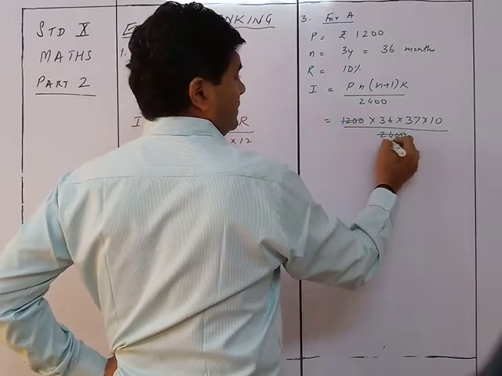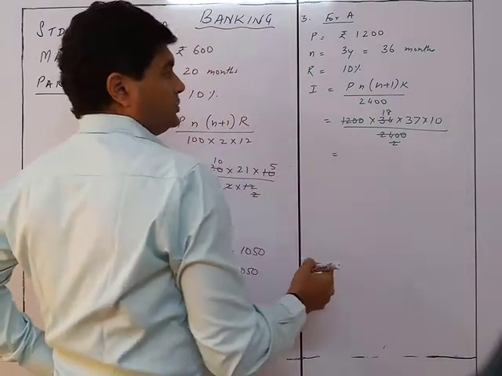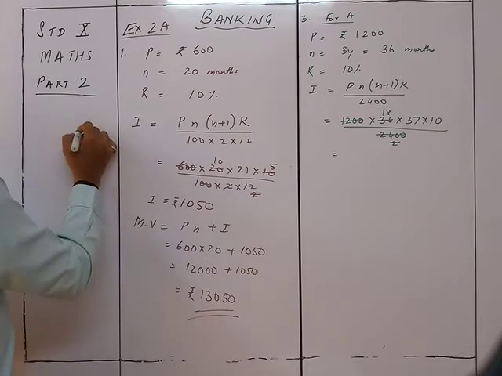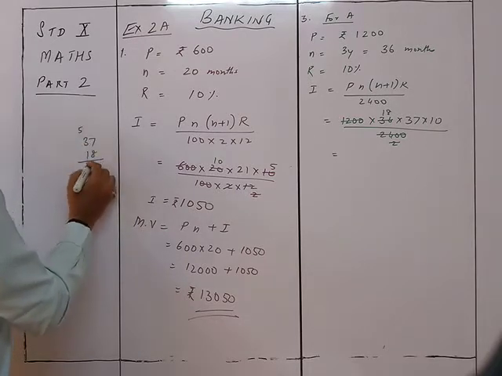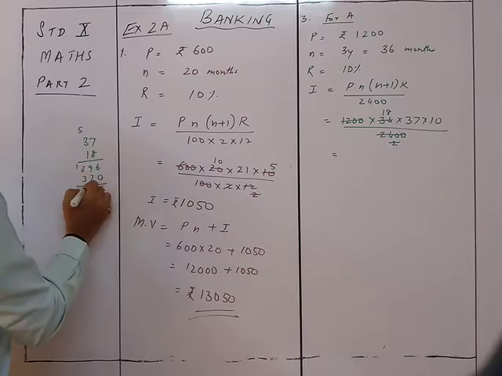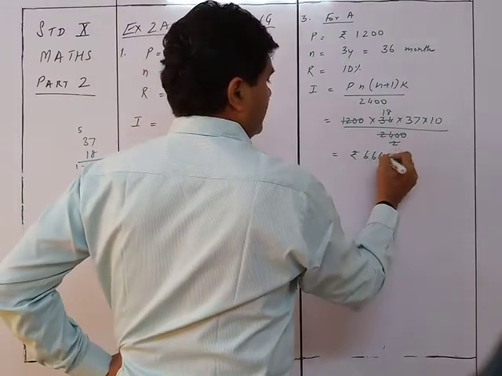The 2s cancel, and 18 remains. So that will give me 37 into 18, which is 666. So it's rupees 6660.